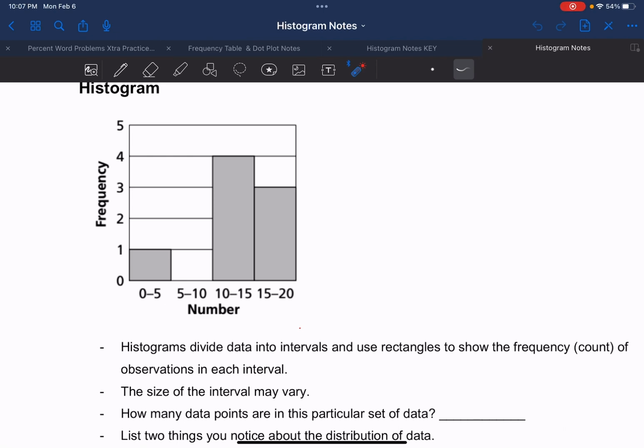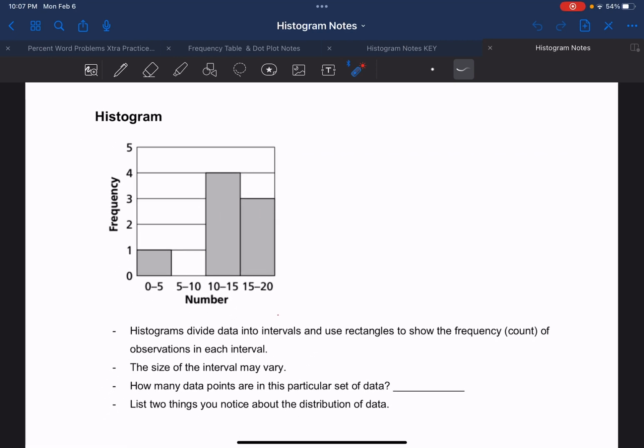In this histogram that you're looking at, the question is how many data points are in this particular set of data? Well, we talked about that just momentarily, but if I look at it, in my 0 to 5 category, I have 1 data point. In my 5 to 10, I have 0.